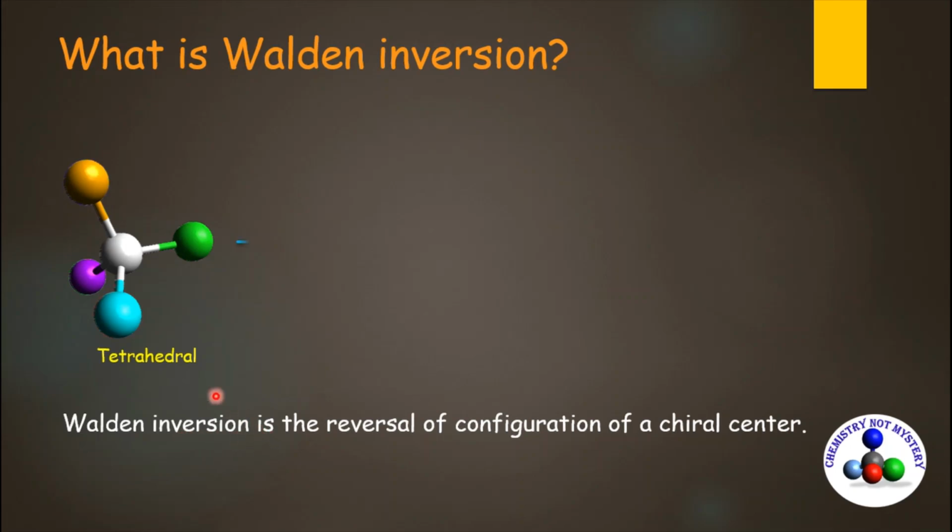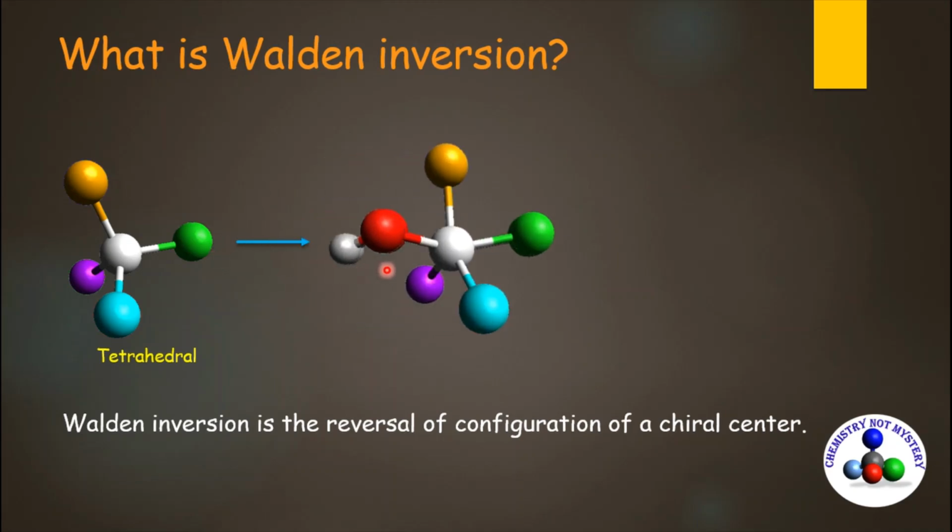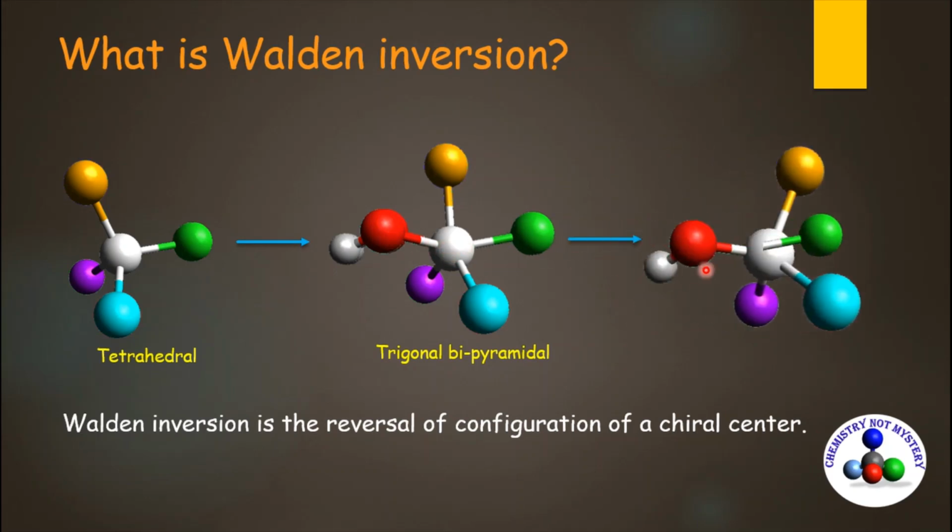And this Walden inversion is observed because the nucleophile attacks from the backside of the molecule and it results in the formation of trigonal bipyramidal transition state. Once the bond between carbon and leaving group breaks and carbon and nucleophile bond is formed, you will get your product, the reversal of configuration.